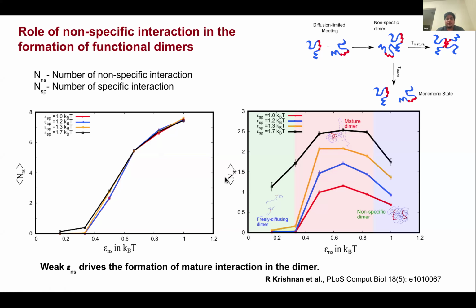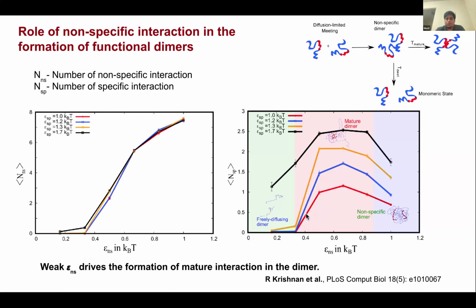When we change the non-specific interaction, what happens to the specific interaction? That is what we were interested in. So see this graph, where for one interaction, for example 1 kT of specific interaction, we fixed the interaction between the red region, and we varied the interaction between the non-specific region.